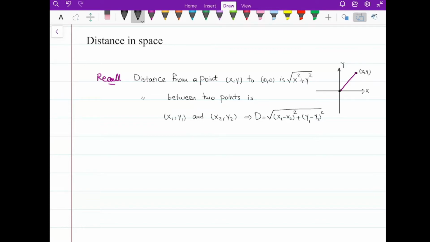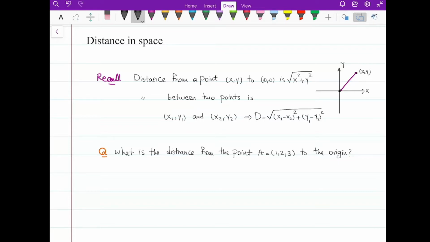Okay, now let's talk about distance in a space. I'm gonna ask you a question. What is the distance from the point, for example (1, 2, 3), to the origin in a space?